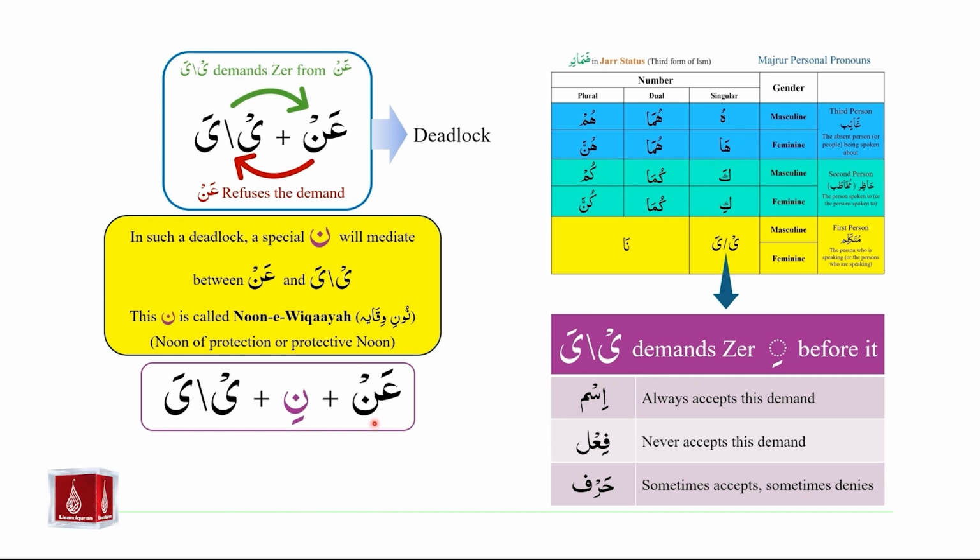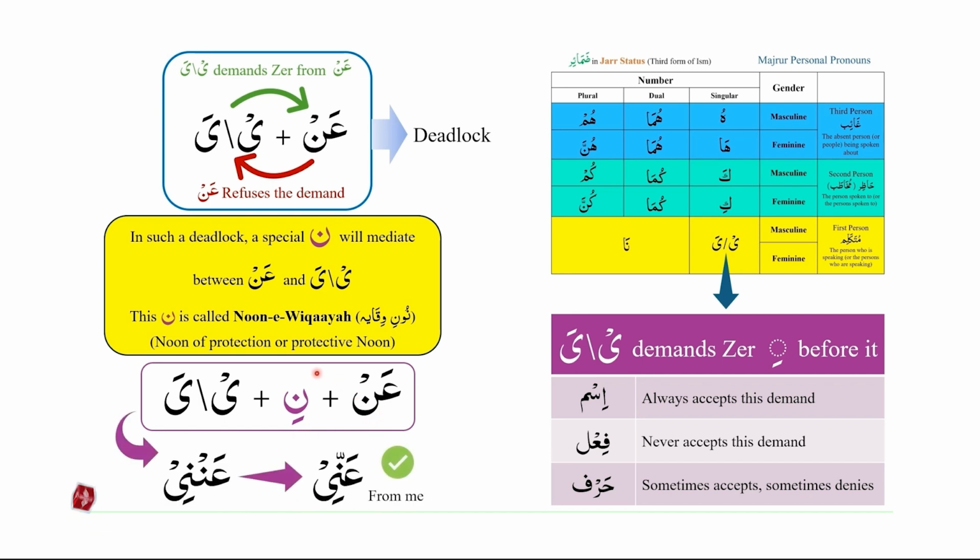So the final result is an plus ya with the mediation of noon-e-wiqaya becomes anni, and it will be written as follows with the shadda on the noon. So the final result is anni, which can be translated to from me.